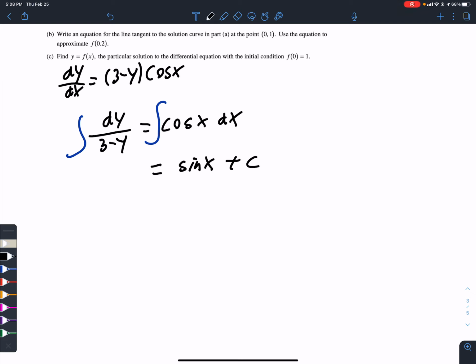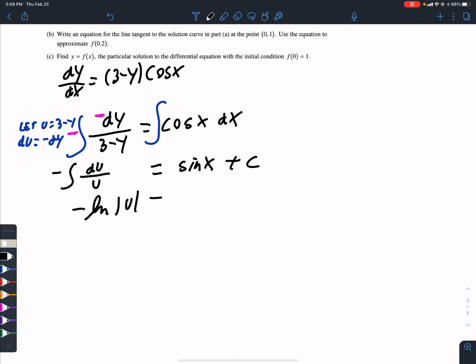Okay. I'm going to let u equal 3 minus y. That makes du minus dy. Now, do I have a minus dy here? I don't, but now I do. And so I can rewrite this as the integral with a negative. The top becomes du, the bottom becomes u. And that, you should know, is ln, absolute value u.